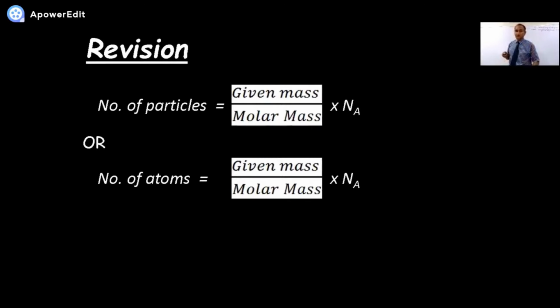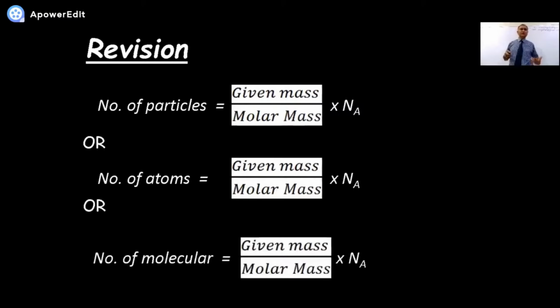It contains molecules. So it's the same formula, number of particles can be written as number of molecules. That is the mistake there. Number of molecules, it's not molecular, it's molecule. Number of molecules is equal to given mass upon molar mass, or given mass upon molecular mass. Okay?